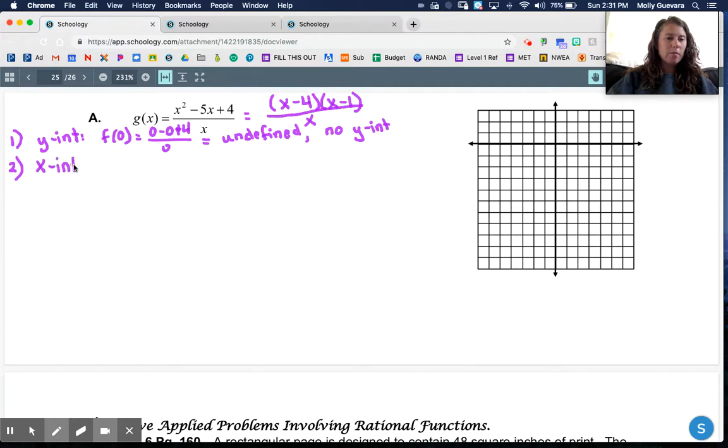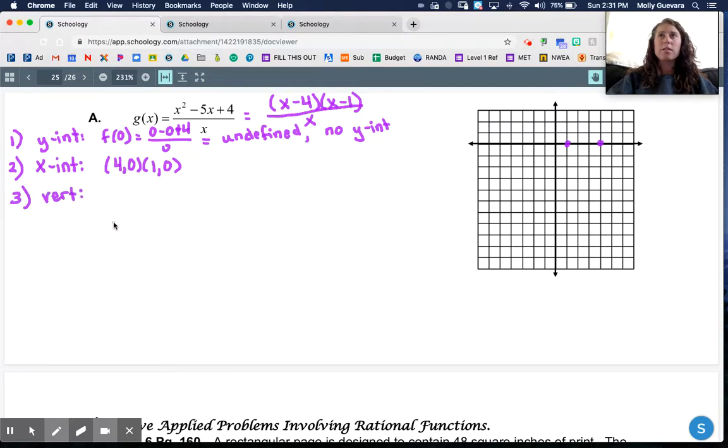X-intercepts, anything that's a 0 of the top, but not of the bottom. So in this case, I have an x-intercept at 4, 0, and another one at 1, 0. Third step is my vertical asymptotes.